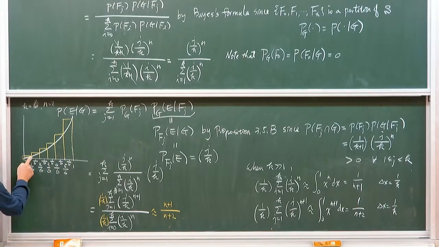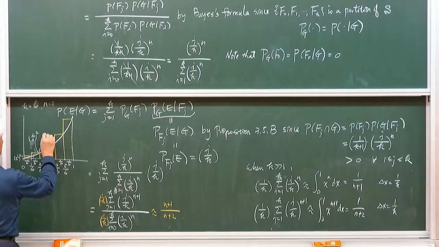But the height here, this is square, and the height here, I think here, square. The height here is square.